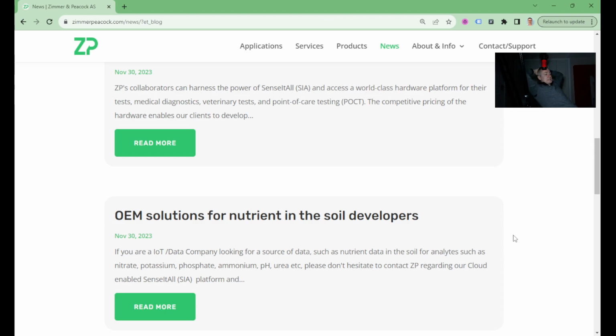If somebody has an idea, it could be nutrient measurement in soil, it could be water quality measurements, then they're looking for technology in order to exploit that idea. At ZP we have a lot of sensors already. We also have a lot of hardware. With our Sensi All platform, if I could summarize it, it's sensor to API: measure it on the sensor, data goes to the cloud, make an API call, application program interface, and the data can end up in that person's cloud.